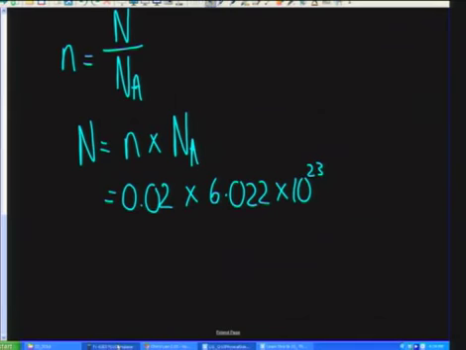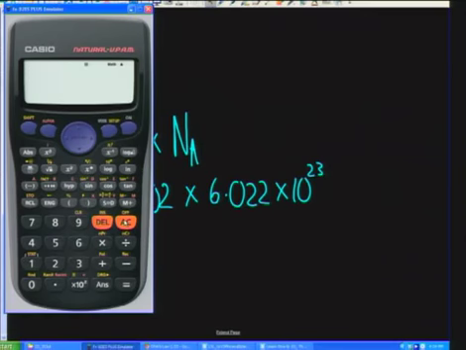So going back to our calculator, 0.02 multiplied by 6.022 times 10 to the power of 23 equals 1.204. So 1.20 times 10 to the power of 22.